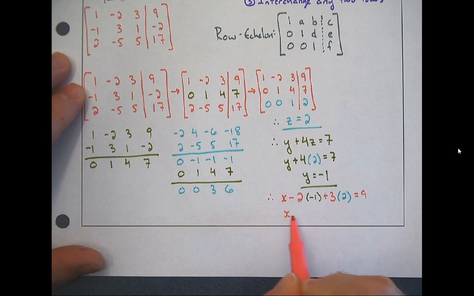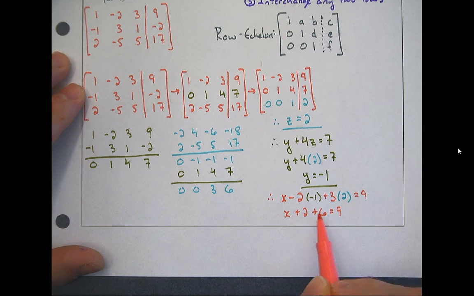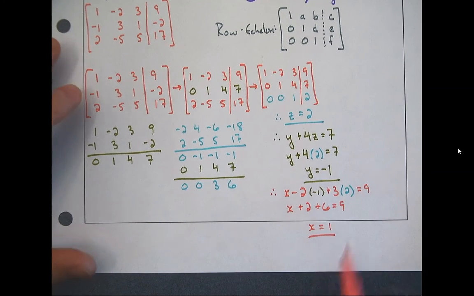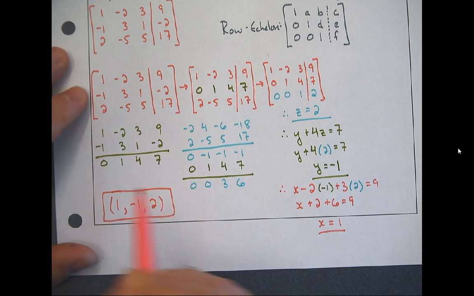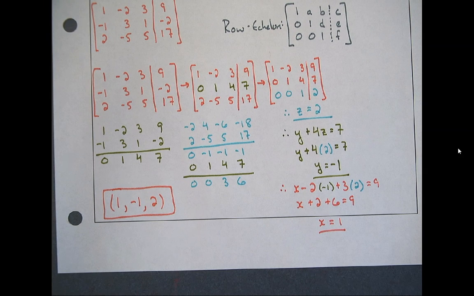So I would get x plus 2 plus 6 equals 9, which means that's 8, so x equals 1. And now I can take that all together and get one solution: 1, -1, 2, for x, y, and z.